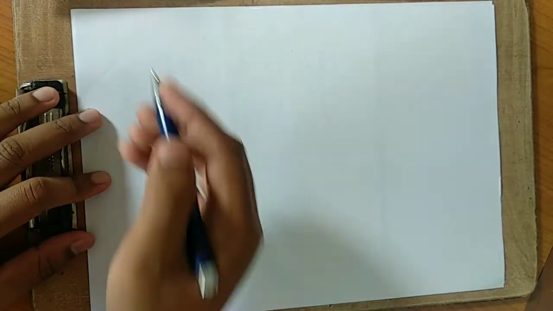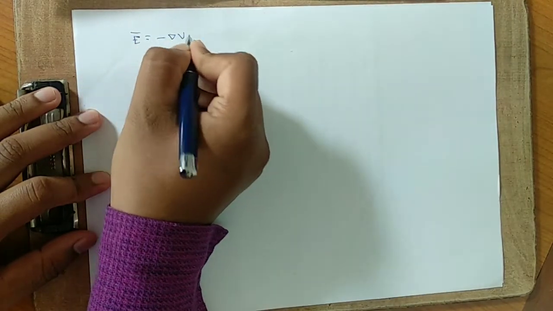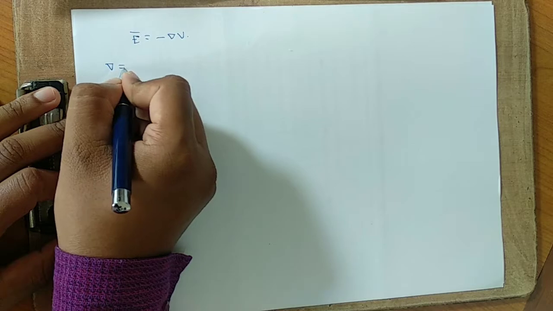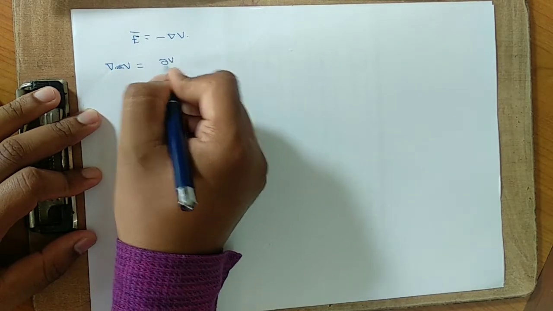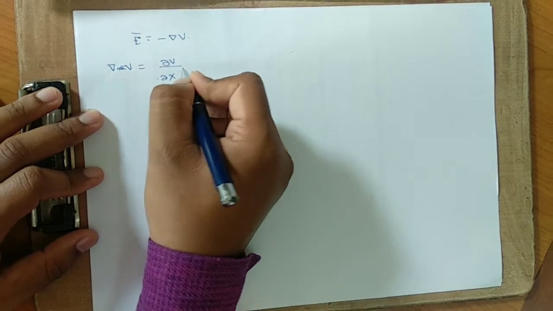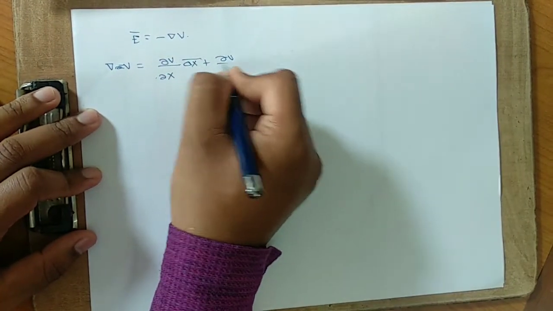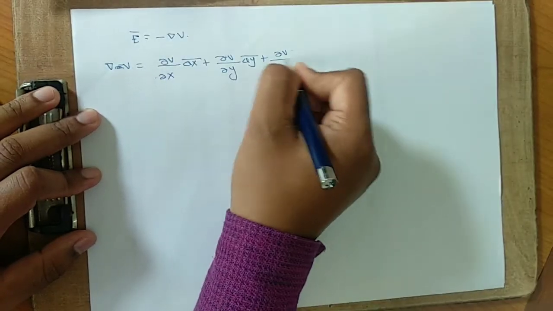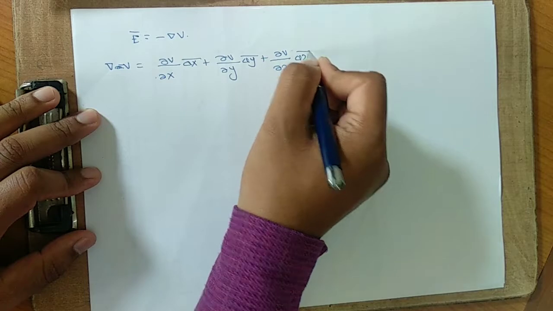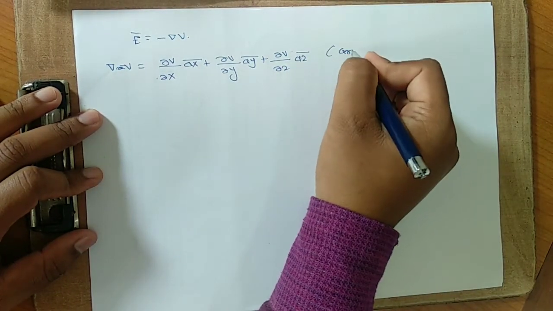So E bar is equal to minus del V. Suppose I want to represent this in the Cartesian coordinate system, which we have already seen, but I will write it again: del V by del x ax bar plus del V by del y ay bar plus del V by del z az bar. Like that I represent it in the Cartesian coordinate system. This is Cartesian.